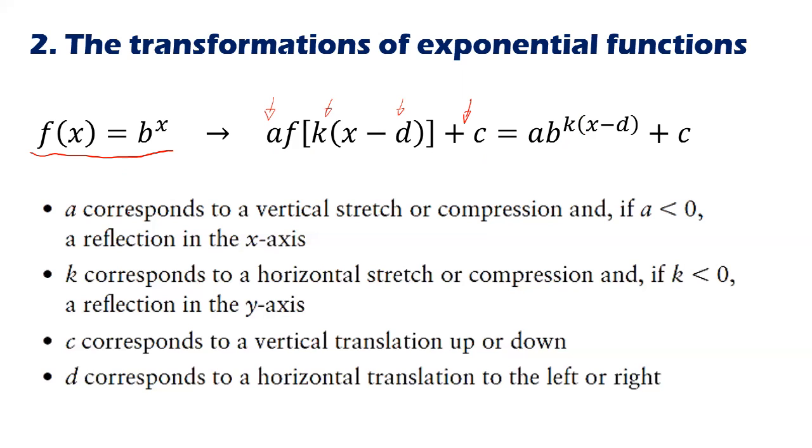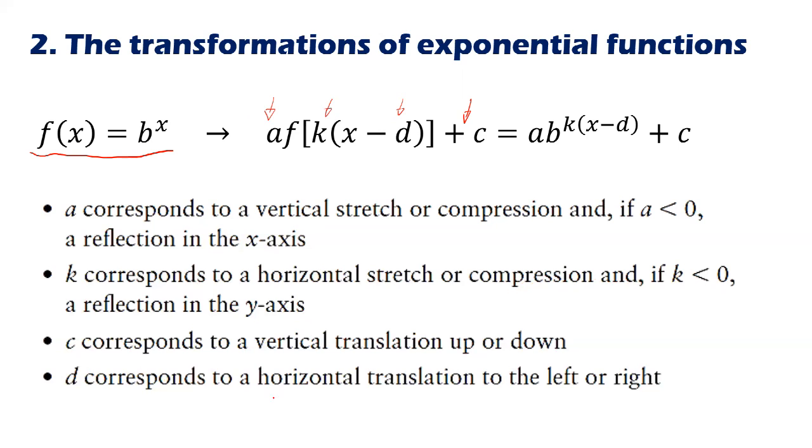Remember that a corresponds to a vertical stretch or compression, and if a is below 0, reflection in the x-axis. k corresponds to a horizontal stretch or compression, and if k is smaller than 0, reflection in the y-axis. c corresponds to a vertical translation up or down, right?